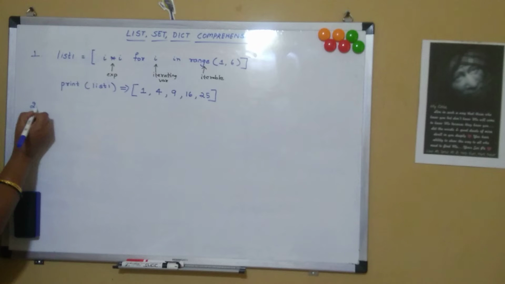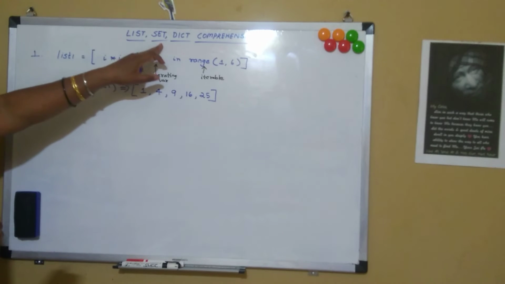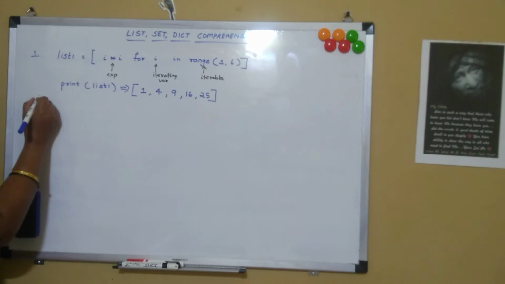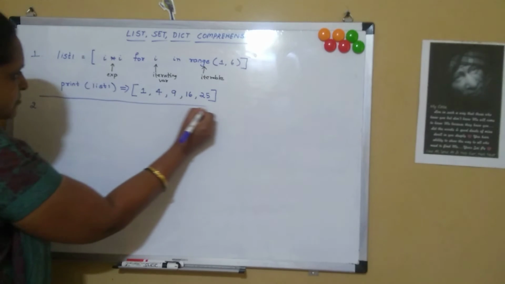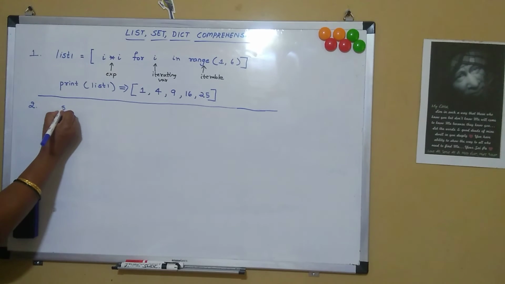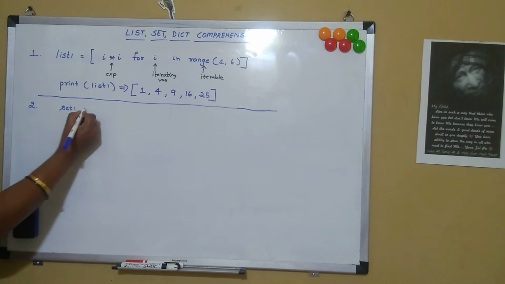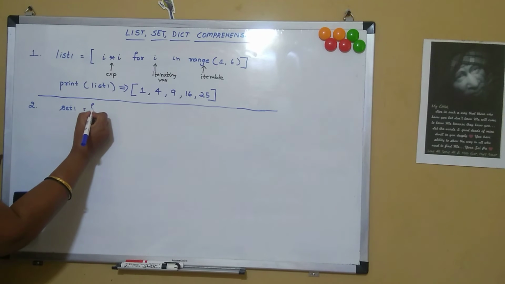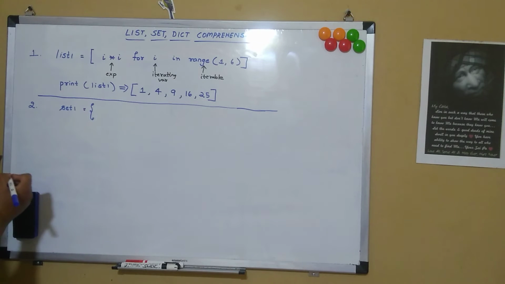So the second one is how to create a set with the help of set comprehension. For this, let me say set 1 is equal to, since sets are held in curly braces, I'll give curly braces for creating a set.